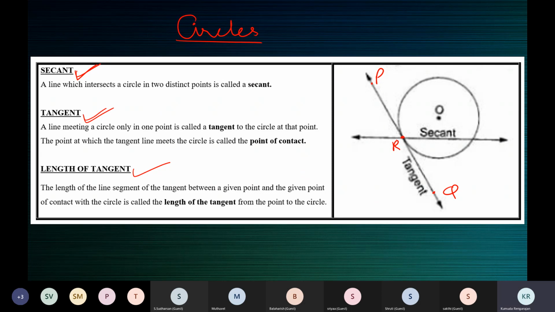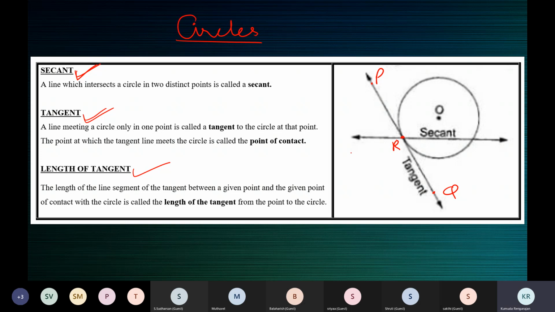So R is the point of contact of the tangent PQ with the circle.